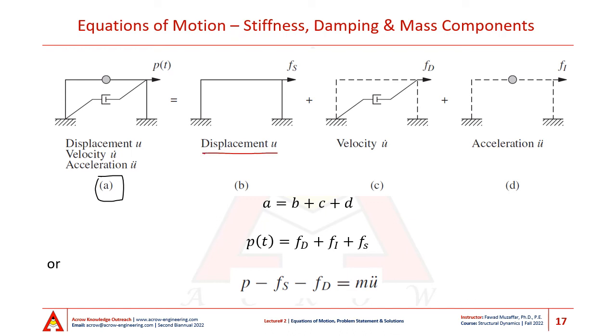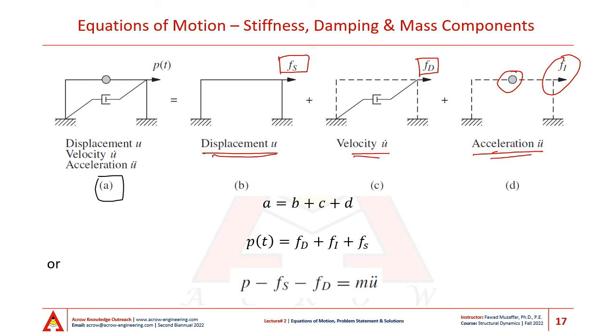The first component is a simple frame element that is subjected to my force Fs. The second component is my damper system only, subjected to my damping force Fd. And the third component is my mass only, subjected to my inertial force Fi.